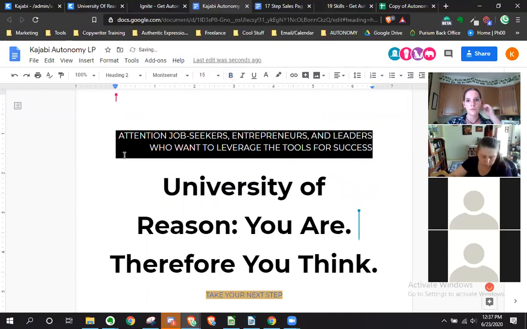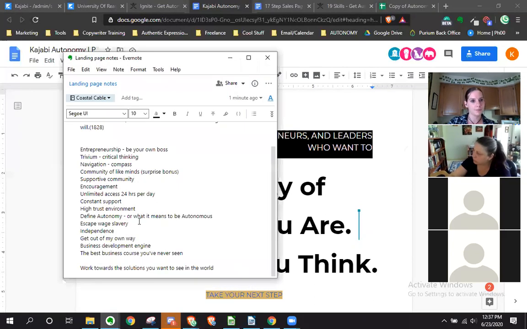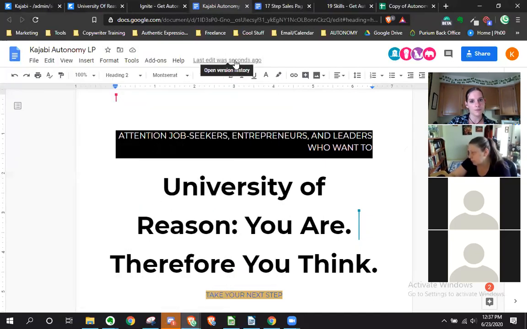Yes. Maybe you could change "leverage the tools for success" to something better. Escape mediocrity, I don't know. Level up, next level. Empower themselves.